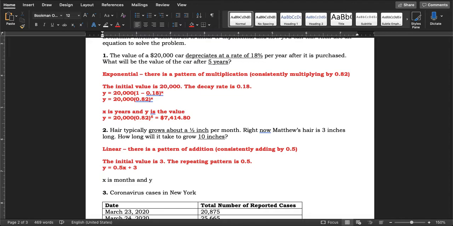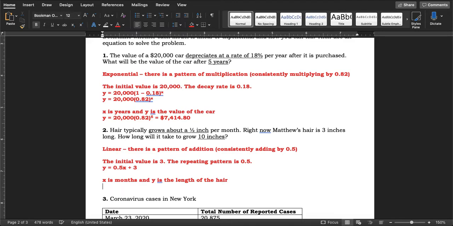The purpose of the equation is to determine how long the hair is going to be. That's the output. So y is the length of the hair. Here y was the value of the car. Once I know that, I know where to substitute 10. 10 represents length of the hair. 10 does not represent time. So in this case, I'm not substituting 10 in place of x. I'm substituting 10 in place of y.